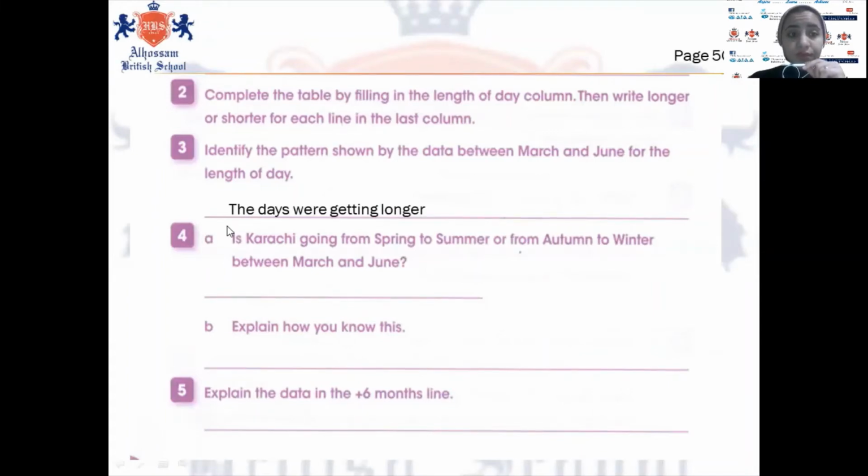Khadija? Yes, Khadija. Raise your voice. Choose spring to summer or autumn to winter.